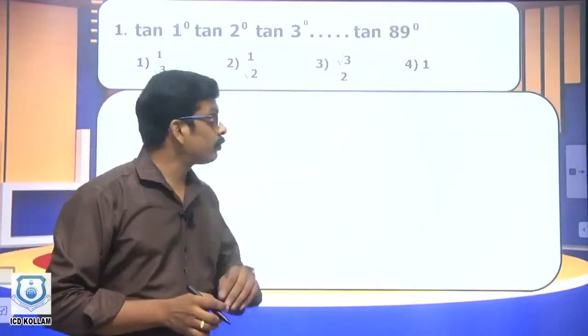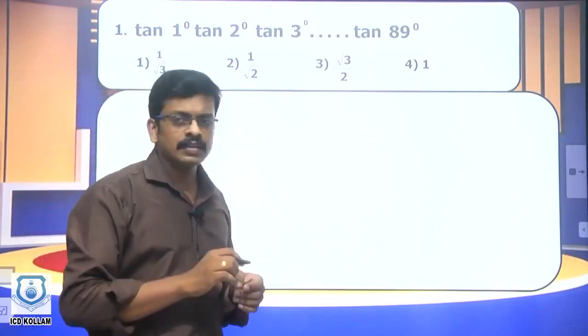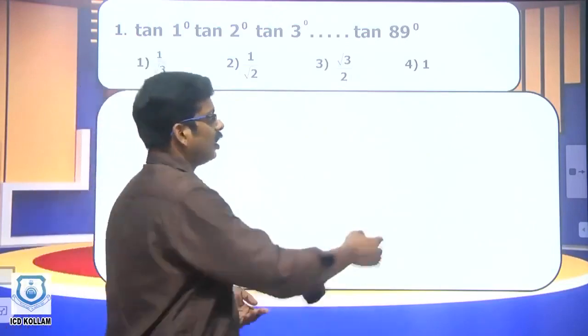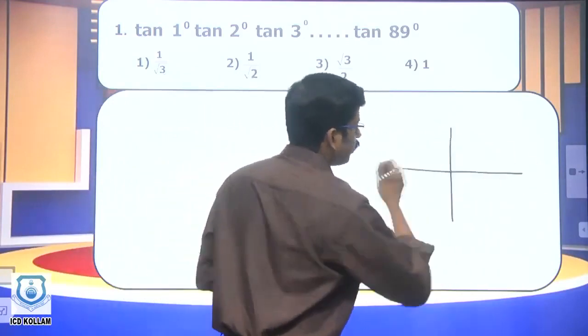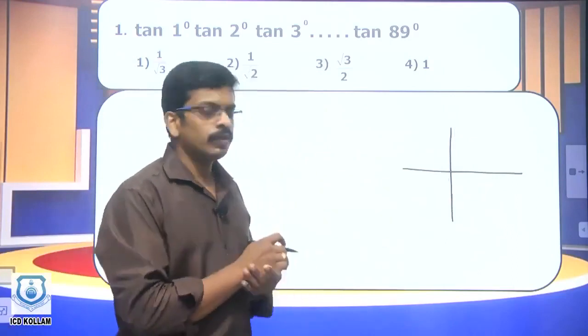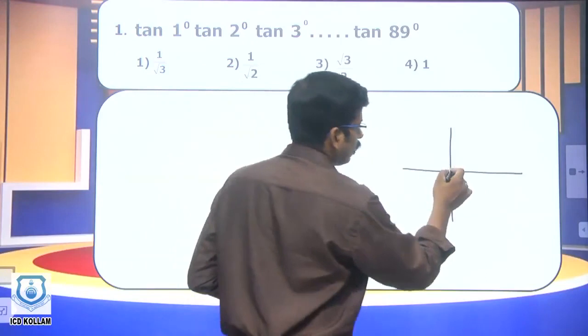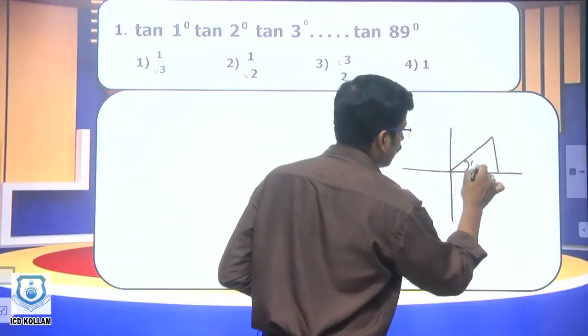Now we come to some questions. Tan 1 degree, tan 2 degree, tan 3 degree, and so on up to tan 89 degree. This is a case of the plane. We are dividing it into 4 quadrants, and any theta we are writing here.